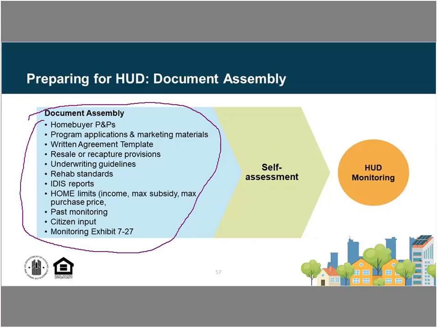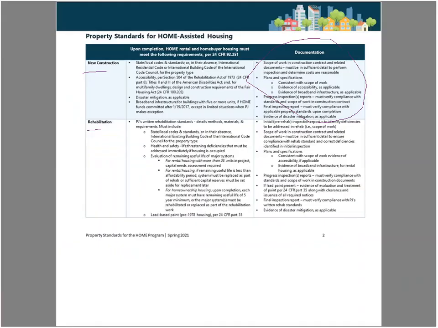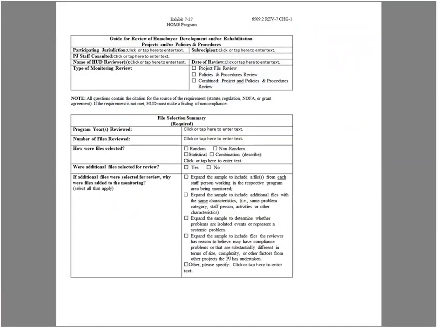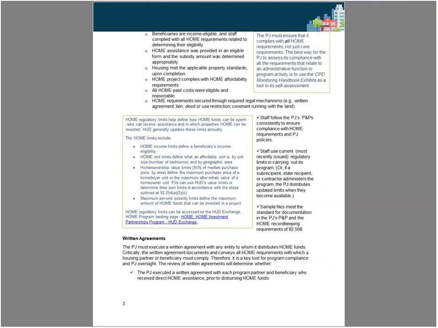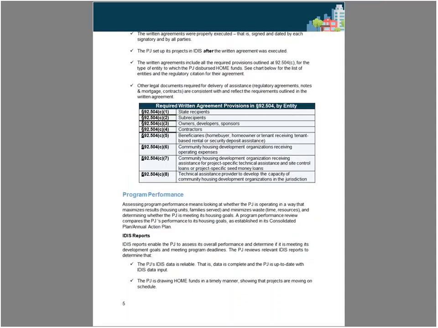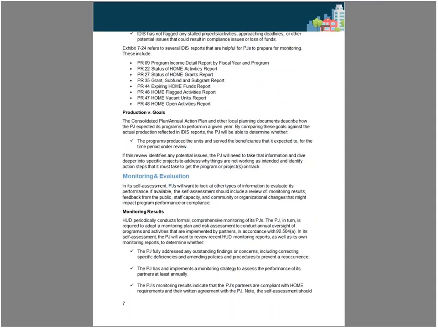IDIS reports. On our tool, we have a monitoring tool. Let me find it. Here we go. On our monitoring self-assessment tool, this is on page 7. We list them here because during every session, everybody says, what were those IDIS reports you guys mentioned?